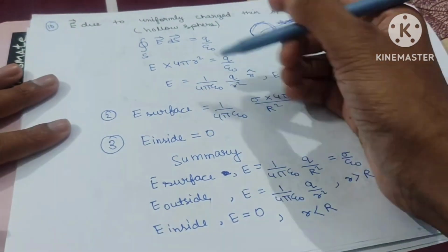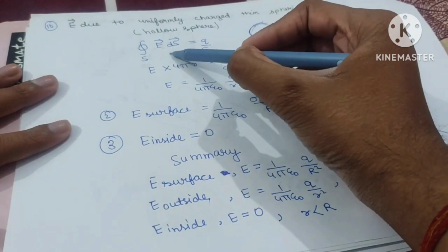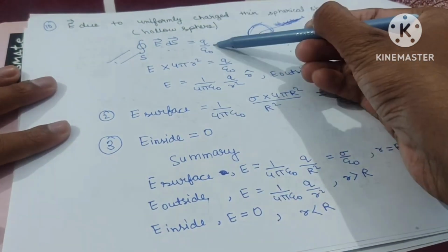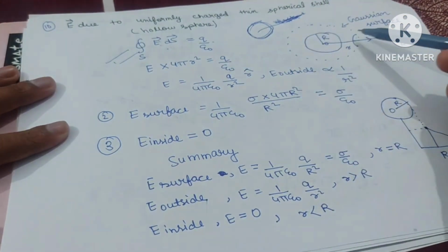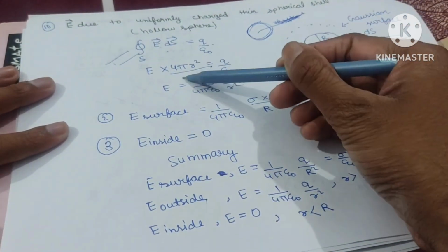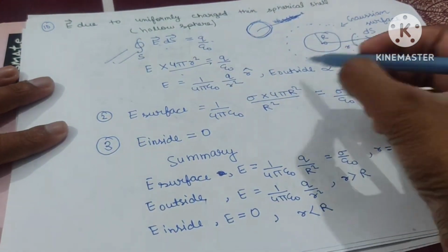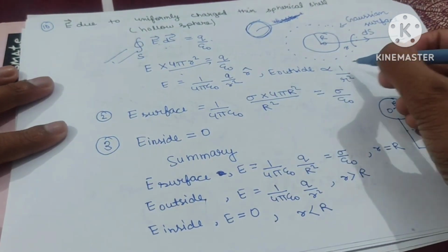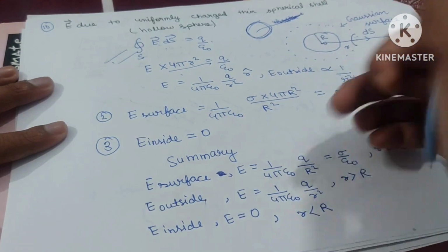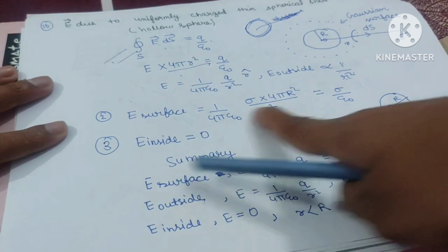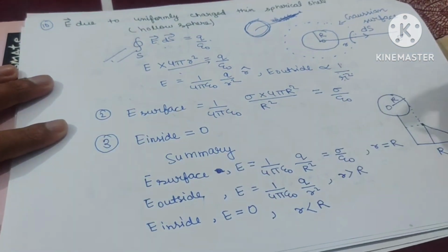And now from the Gauss theorem we know this equation. We know the sphere has an area 4 pi r square. So we're going to multiply it, so it will become this. And for an outside surface, we can say it is proportional to 1 by r square. And for E surface, if you're taking the electric field at the surface, it will become sigma by epsilon naught.